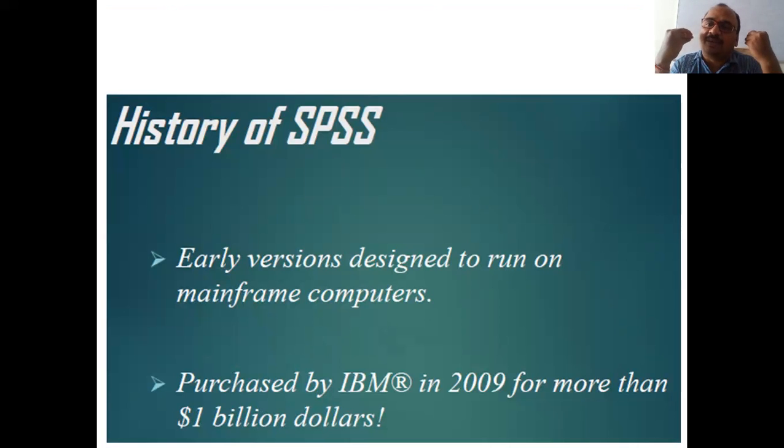Nowadays, it is applicable to laptops, tabs, not only computers, tabs, cell phones also, Android cell phones. You can perform all SPSS. Once upon a time, it was on mainframe computers, and it was purchased by IBM in the year 2009 for more than $1 billion.